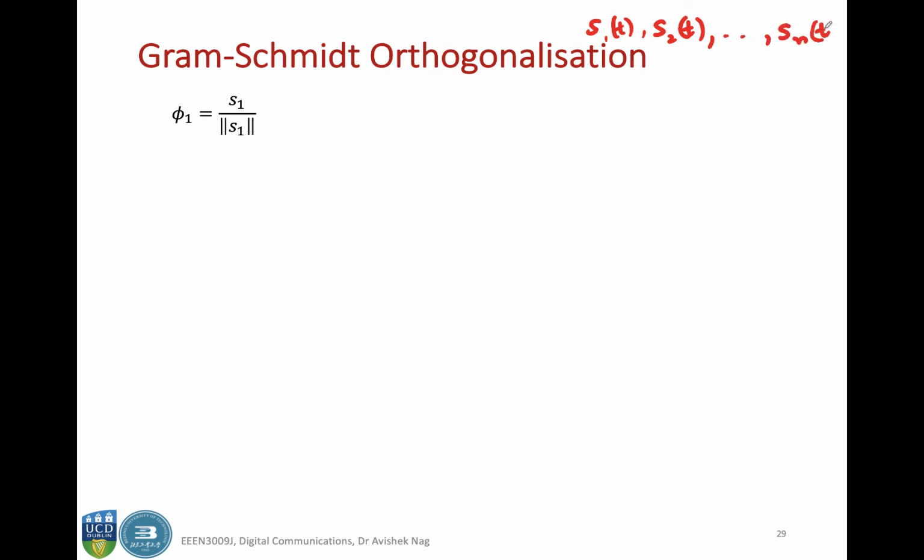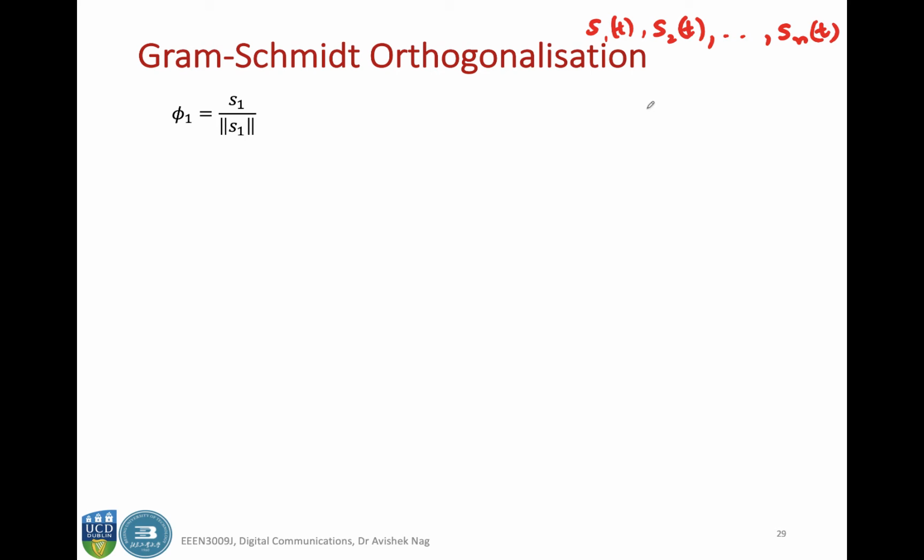So we have n signals, and our goal is to find a signal space where we can represent all these signals in the same signal space. That signal space can be a two-dimensional signal space with dimensions phi1 and phi2, a three-dimensional signal space with phi1, phi2, phi3, or an arbitrary n-dimensional signal space with phi1, phi2, phi3 up to phi n as the directions or dimensions of that signal space.